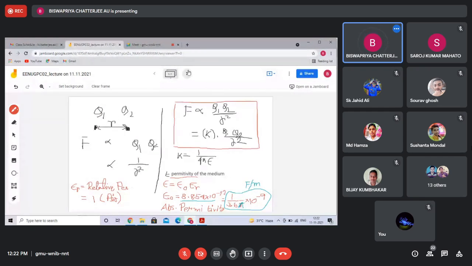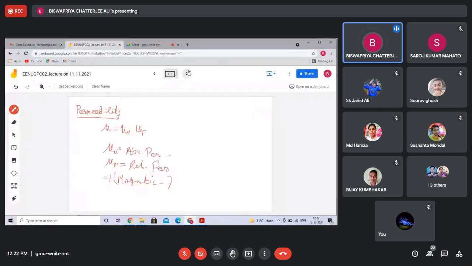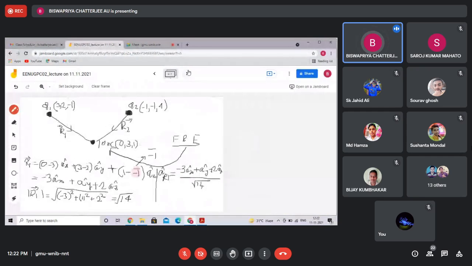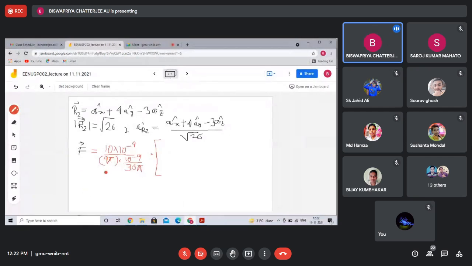You see this 4 pi gets cancelled, so it will be 9, and the 10 to the power minus 9 gets cancelled. So ultimately it will yield 90.